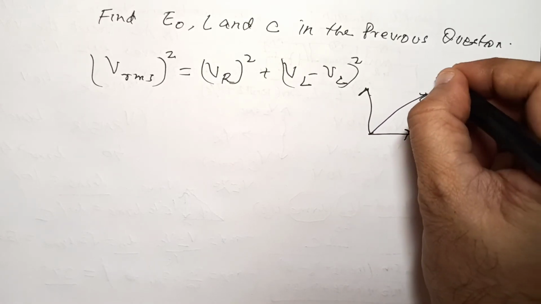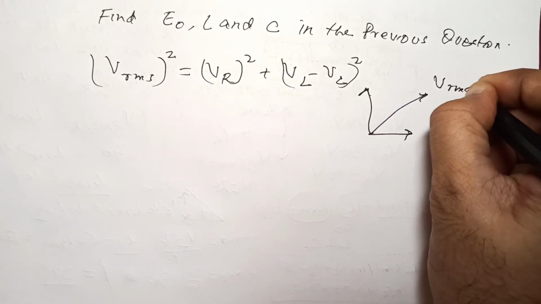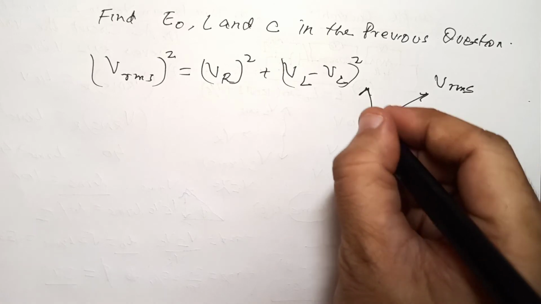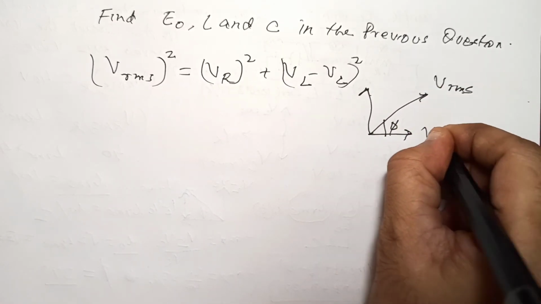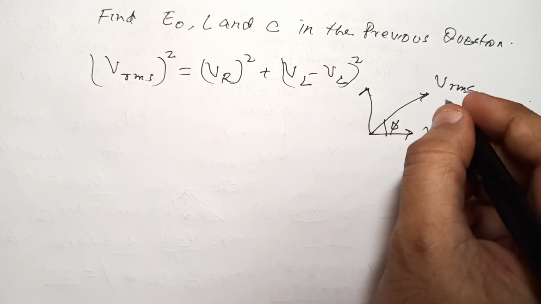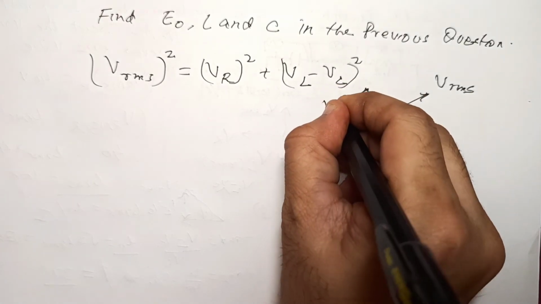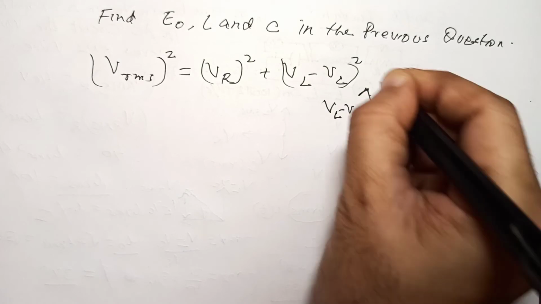This is VRMS, this is phi, this is VR, and this is VL minus VC.